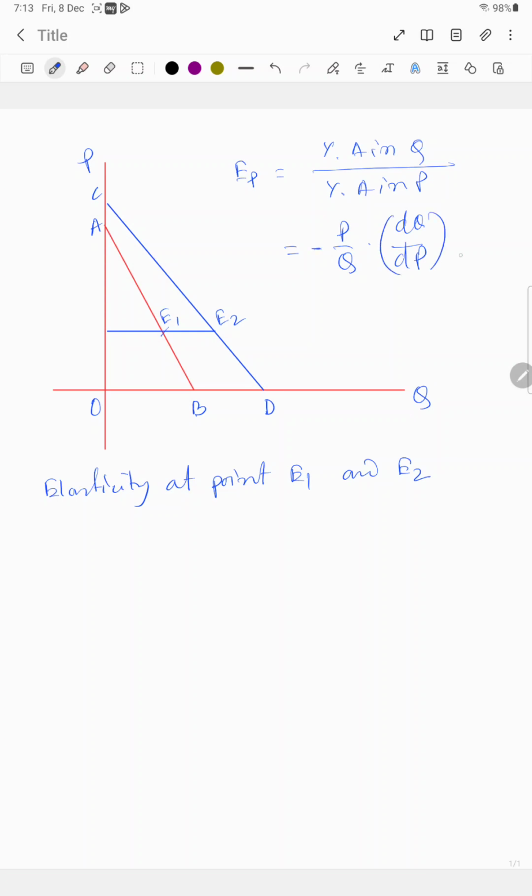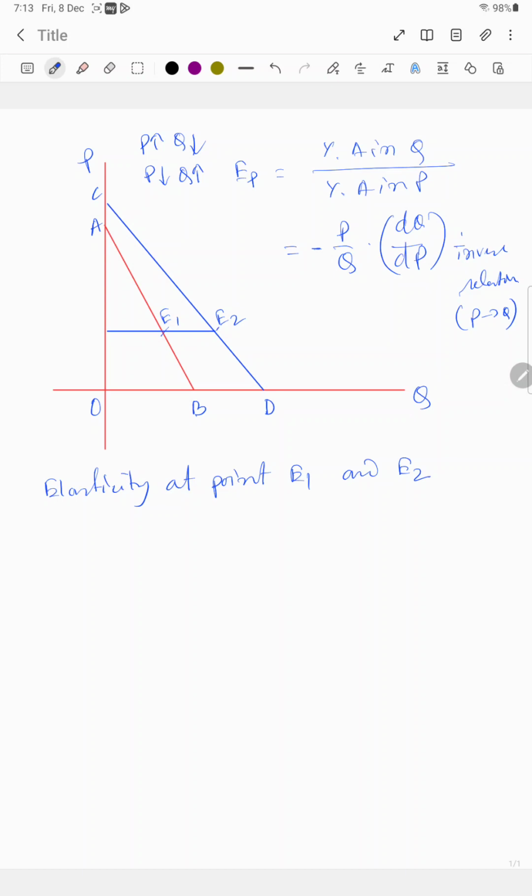Because P and Q have an inverse relationship. When P is rising, Q will fall; when Q rises, P falls. So this ratio will always be negative. That I explained in the classroom.